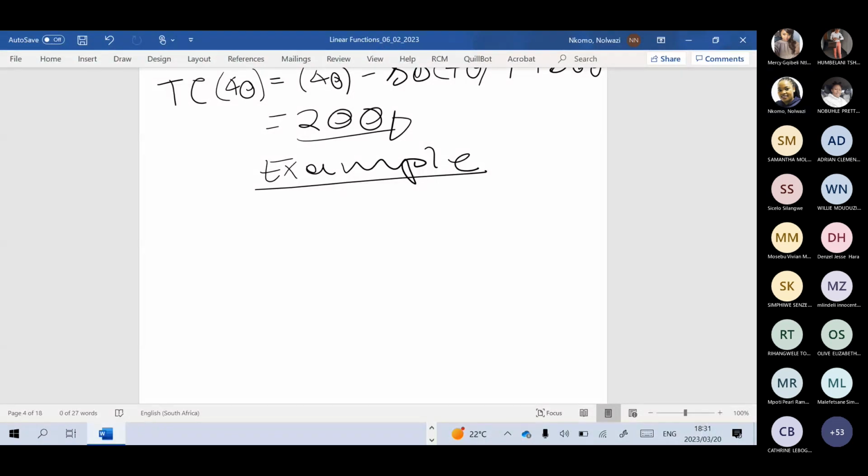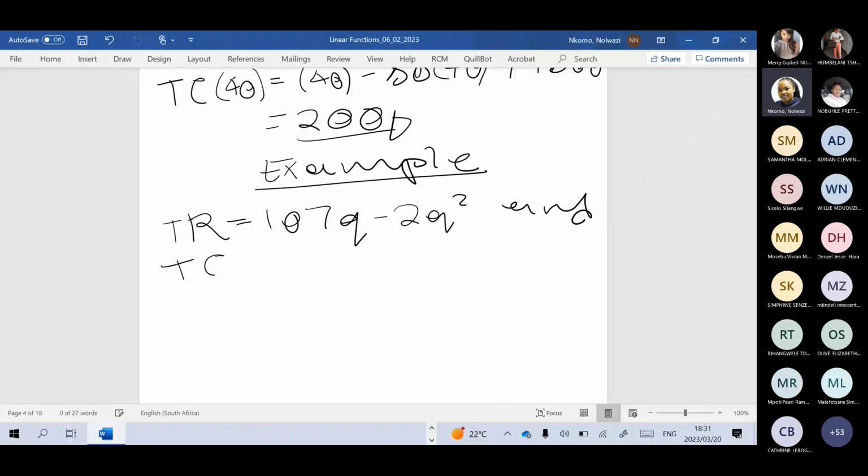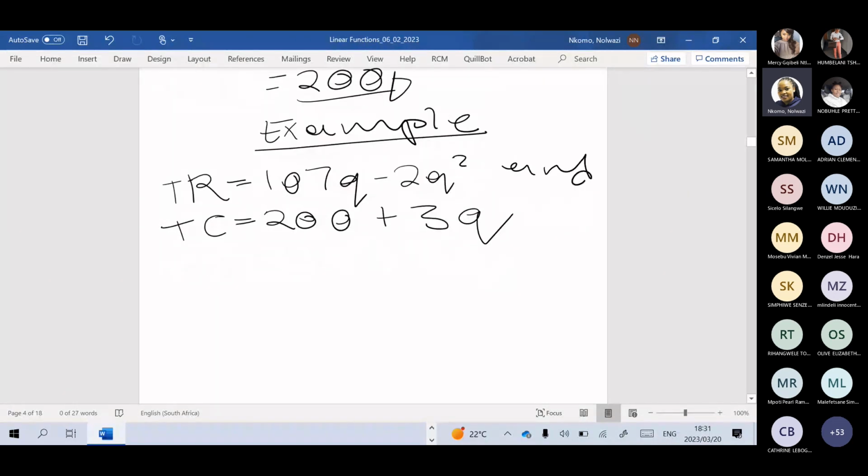Total revenue is 107Q minus 2Q squared, and the total cost is 200 plus 3Q, and you are asked to find the maximum profit.